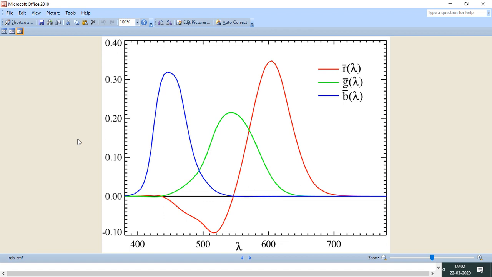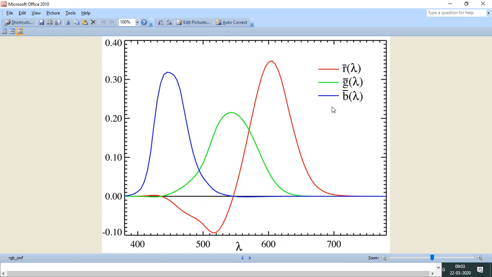So for this type of imaging system, you can see that the R value is both positive and negative, while green and blue are only positive. But as soon as you go on increasing the number of channels required to create an imaging system, it becomes extremely difficult, and computationally very costly to design such systems.